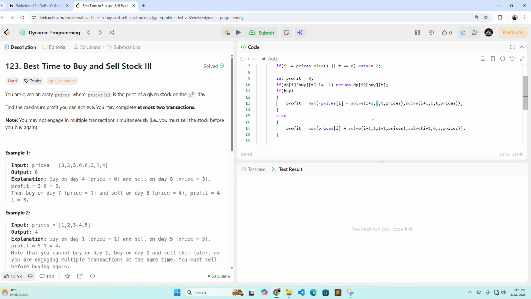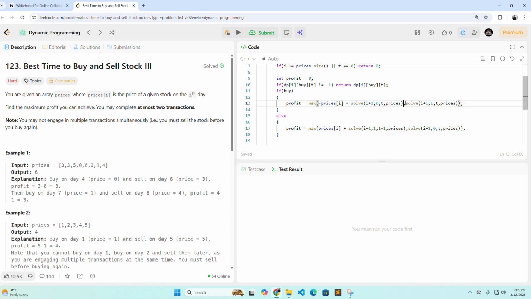Next I have to sell the stock, so I move to the next index and cannot buy, I must sell, and the transaction is not over. A transaction is over when I buy and also sell the stock. As I am just buying, the transaction is not over. This is the case of buying, and it is the first option for me.